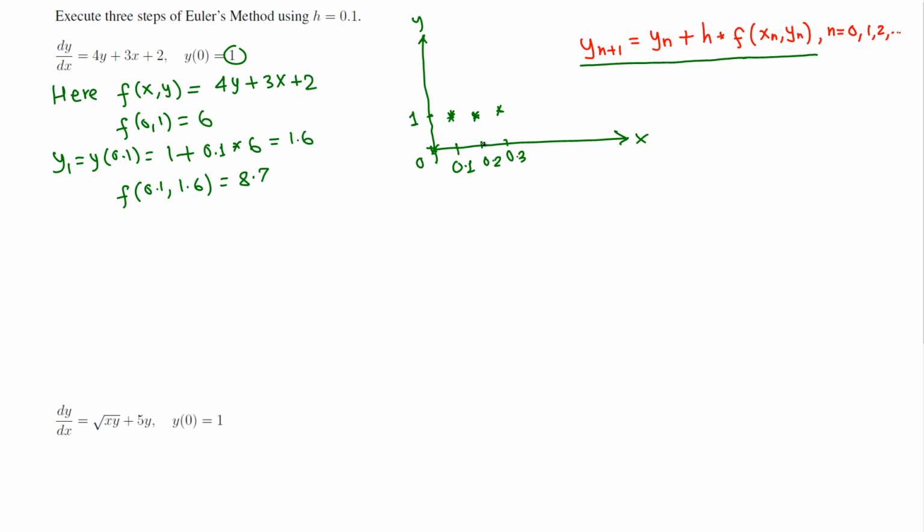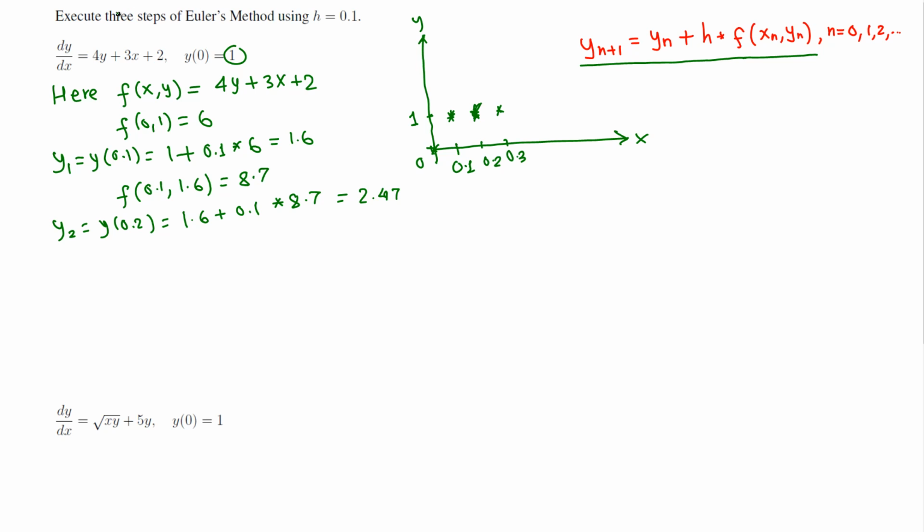Then we can approximate y2, which is y at 0.2. Taking n equals 1 in this formula, the previous y value 1.6 plus step size 0.1 times the slope 8.7. Use your calculator, multiply and add 1.6, you get 2.47.